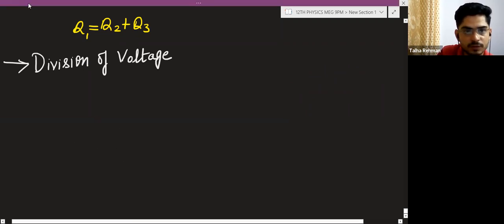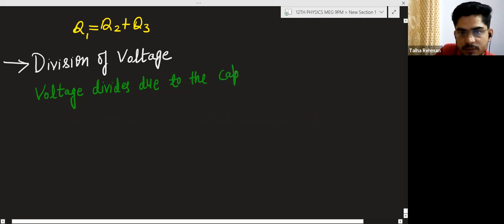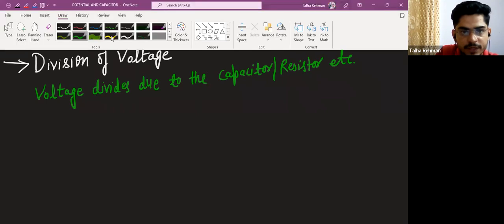So I can write here: voltage divides due to the capacitor, resistor, etc.